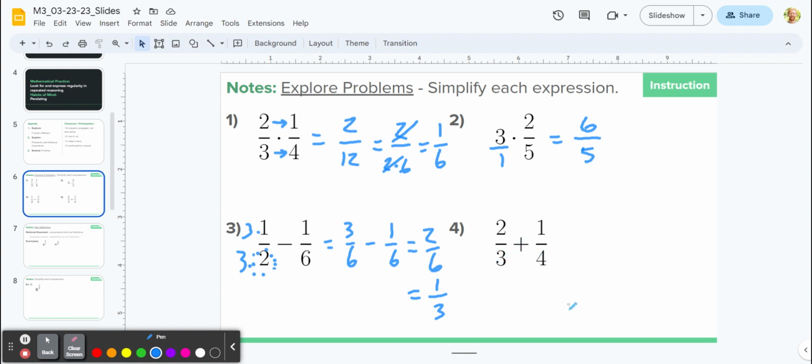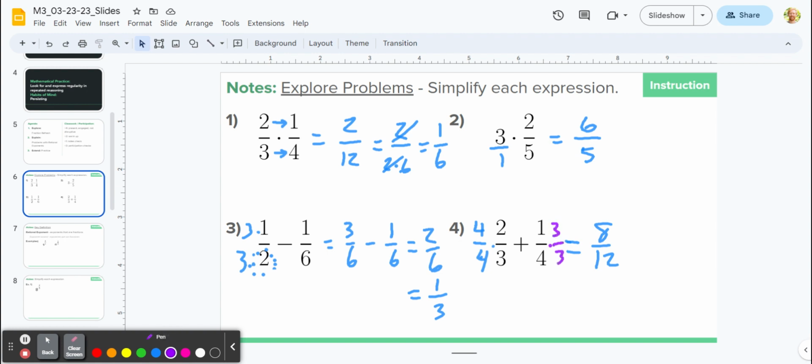What that'll give me is 8 over 12 on the left. And on the right side, if we multiply 3 over 3, that will give me 3 over 12. We can add those two things up now that the denominators are the same, so we get 11 over 12.